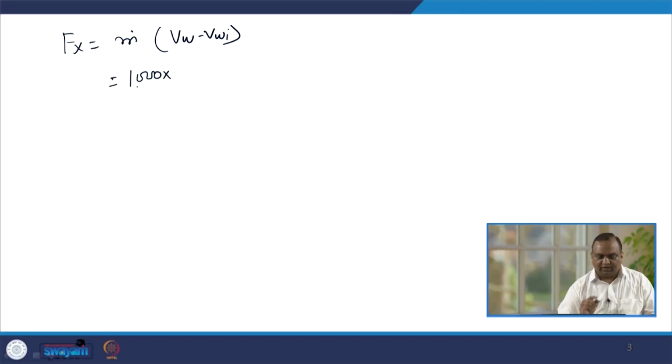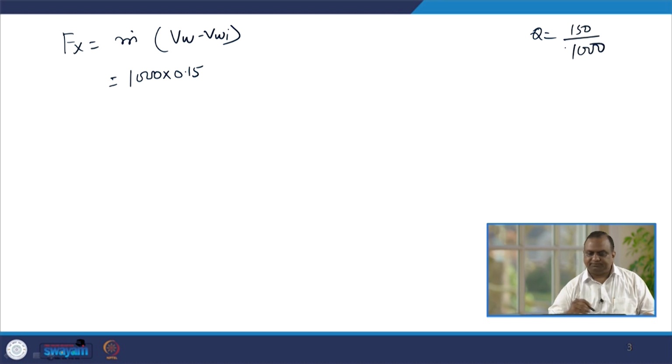We are assuming the density of the water as 1000, because it is not given, and multiplying it by 0.15, where 0.15 is Q, that is 150 LPS divided by 1000.